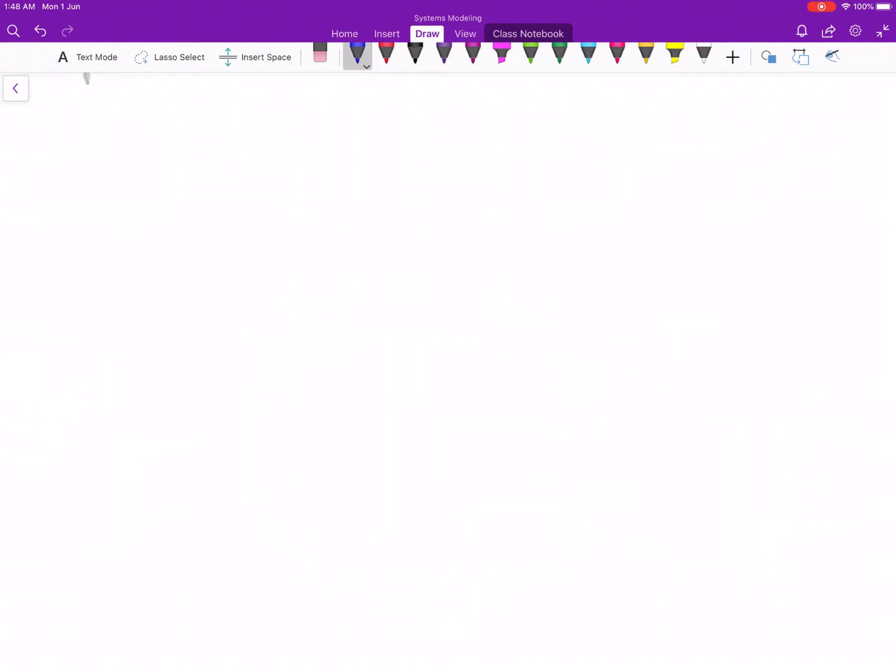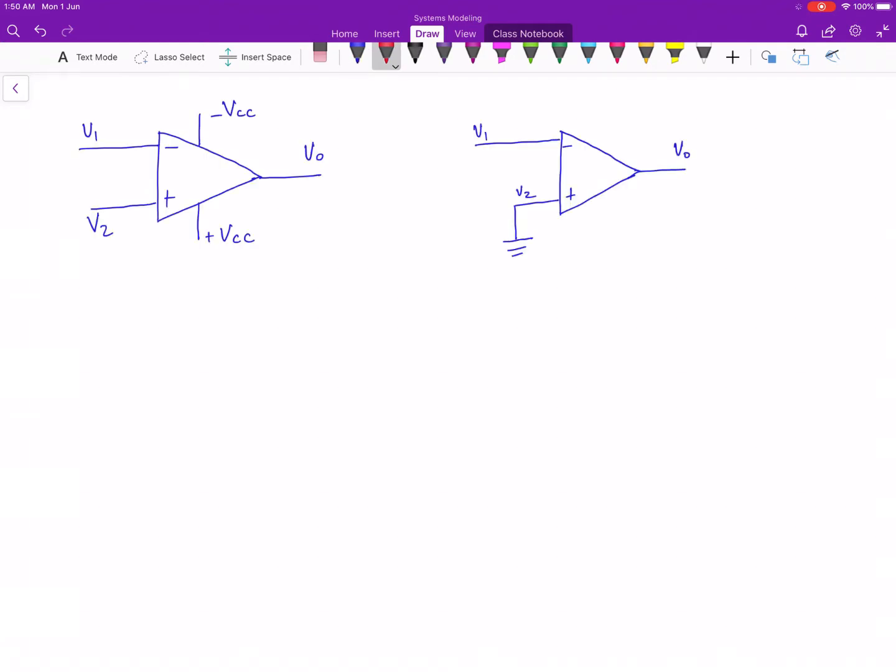Now, again, let me just redraw the symbols for our operational amplifier. Here we have a schematic of the two amplifiers. They are exactly the same. This is the normal drawing of it, and this is the reduced drawing of the amplifier.